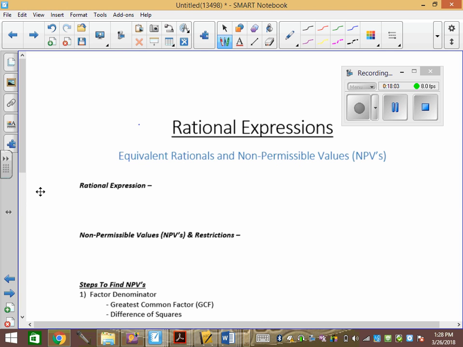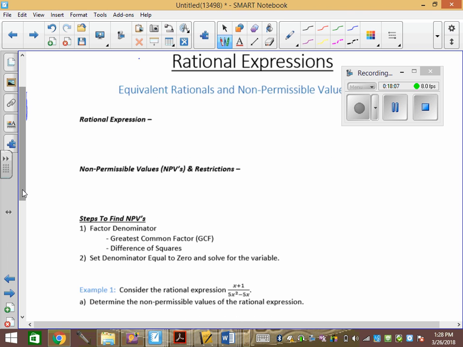All of that was just remembering. Today we're going to end with non-permissible values. So NPVs, non-permissible values and restrictions, are what the variable cannot equal, or your denominator.